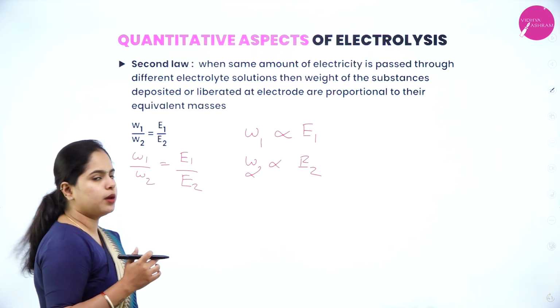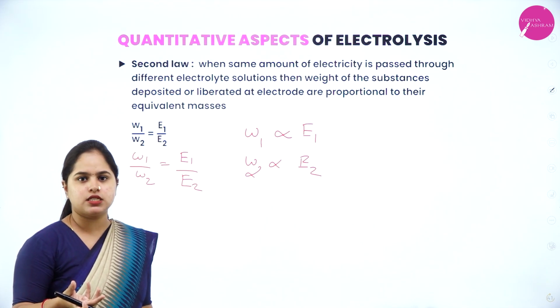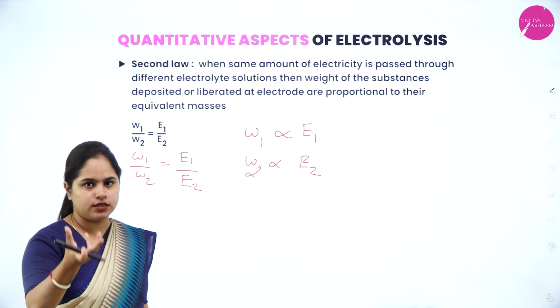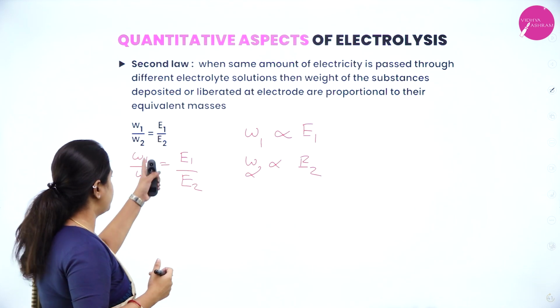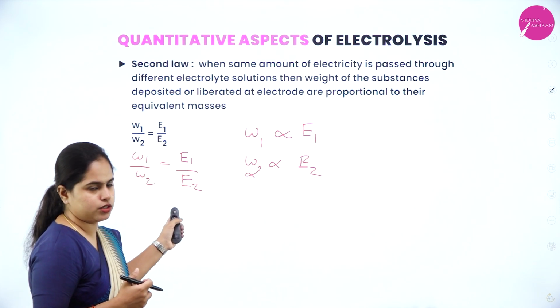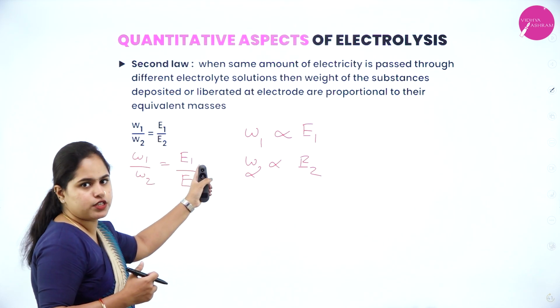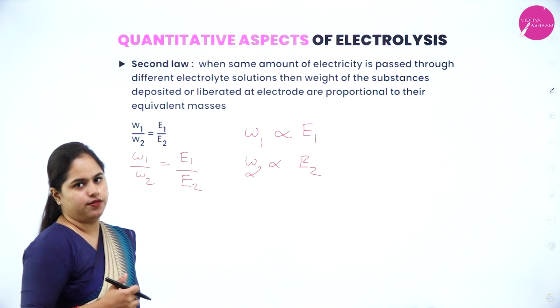Okay, so W1 and W2 stand for the masses of the substance which is deposited in the first electrolyte solution and second electrolyte solution, and E1 is the equivalent weight of the first one and E2 the equivalent weight of the second one. Clear?